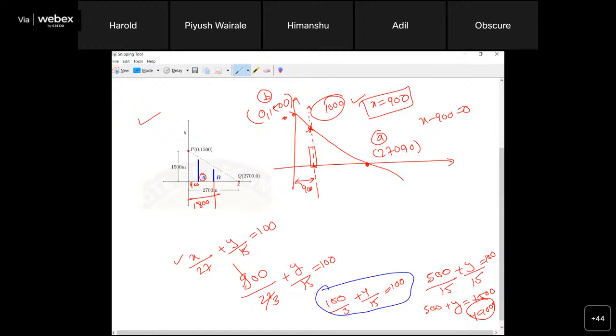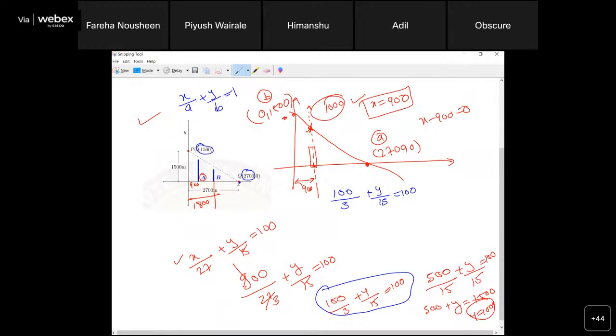Sir, you have written in the form of x by a plus y by b. How have we got into that form? Because for the given condition, my x-intercept is 2700 given to me, and y-intercept is 1500, right? I have both the intercepts, so I can use the intercept form directly, x by a plus y by b equals 1.